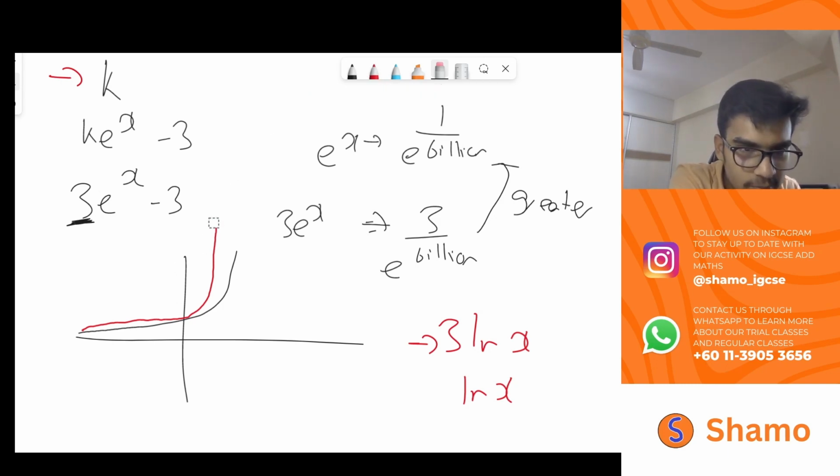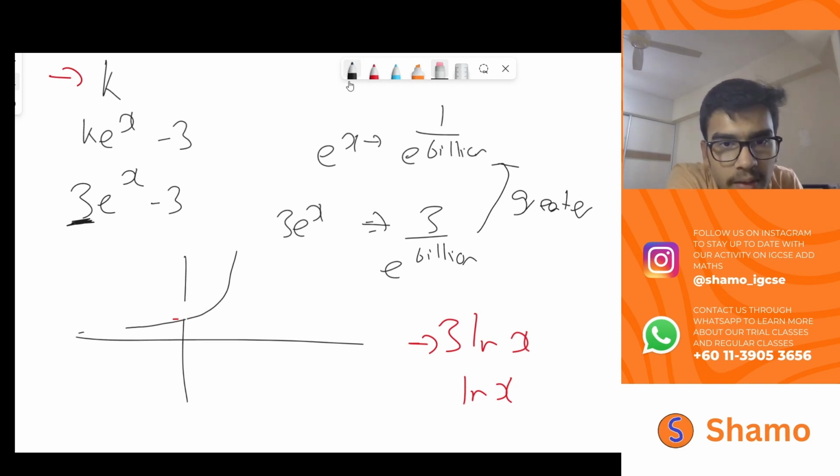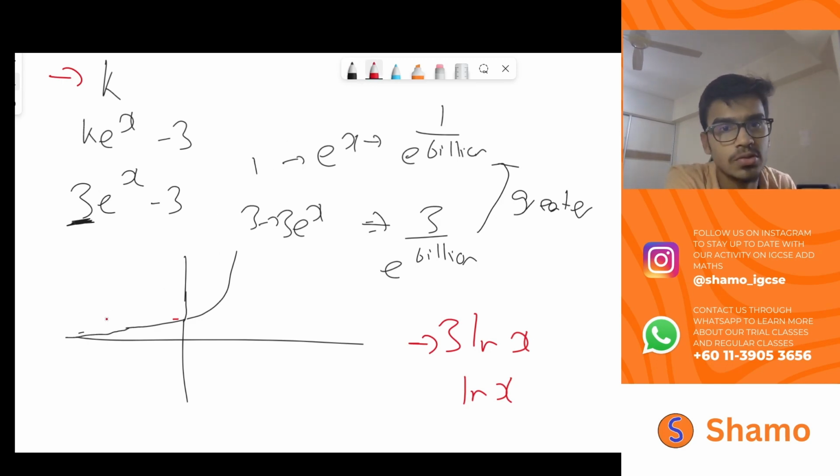By the way, over here, if you haven't realized, this red graph still has a bit of an inaccuracy because the coordinates won't be the same. The y coordinate over here will be 3, not 1. The y-intercept here will just be 1, but here it should be 3, yes or no?